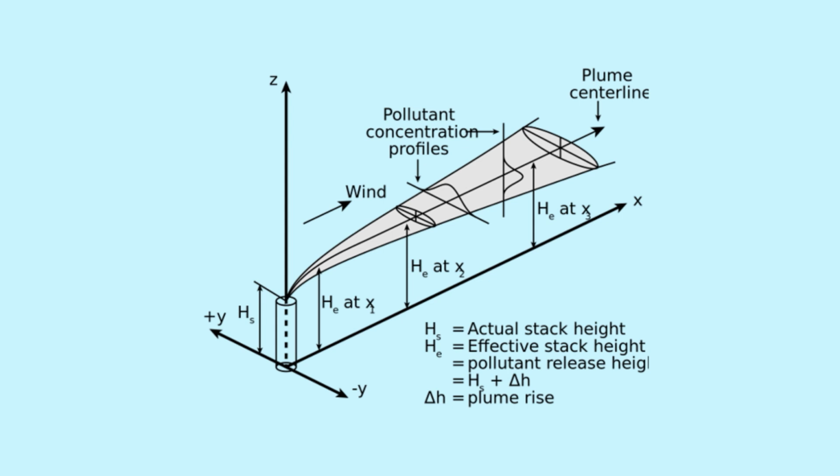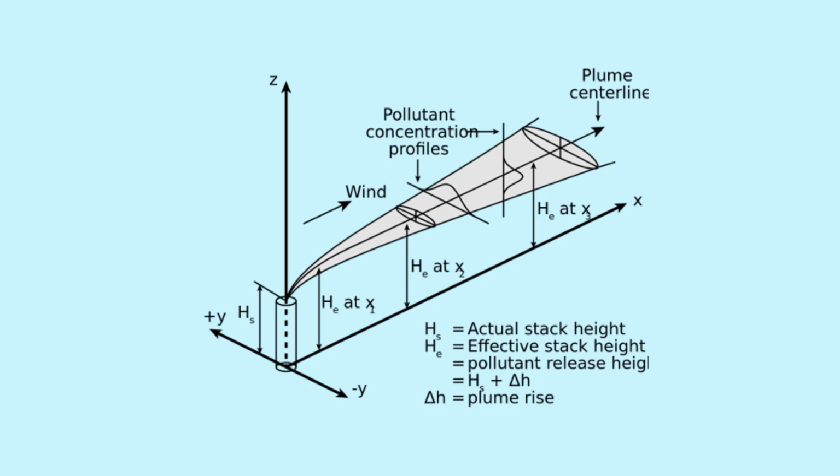And for the equation of the Gaussian plume model, the height of the stack is h. It is normally the small h, and the plume rises to a certain extent, and then it travels towards the x direction. So the topmost height, where the plume starts traveling towards the x direction, is called the effective stack height.